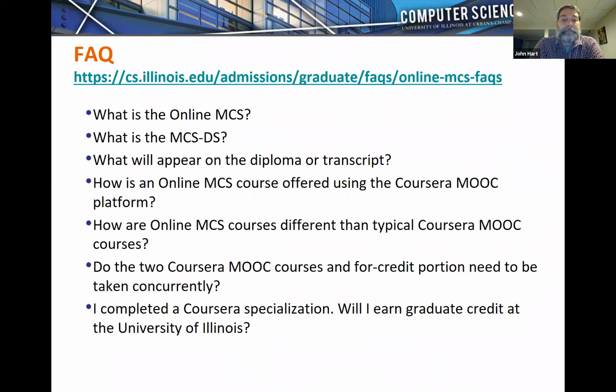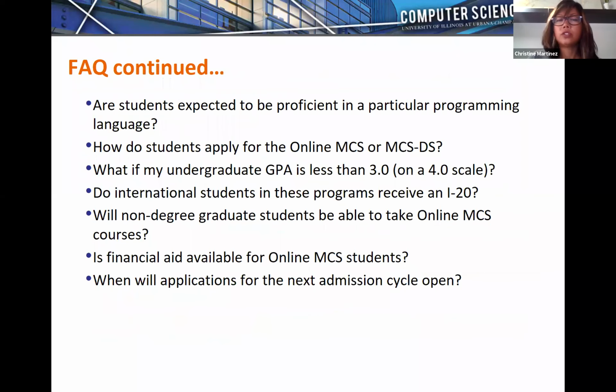Okay, moving on. So just a continuation of the FAQs. Next question. Are students expected to be proficient in a particular programming language? So almost everybody knows Python. Some students know JavaScript. The 2 classes I'm teaching, the programming languages for both of those is JavaScript now.